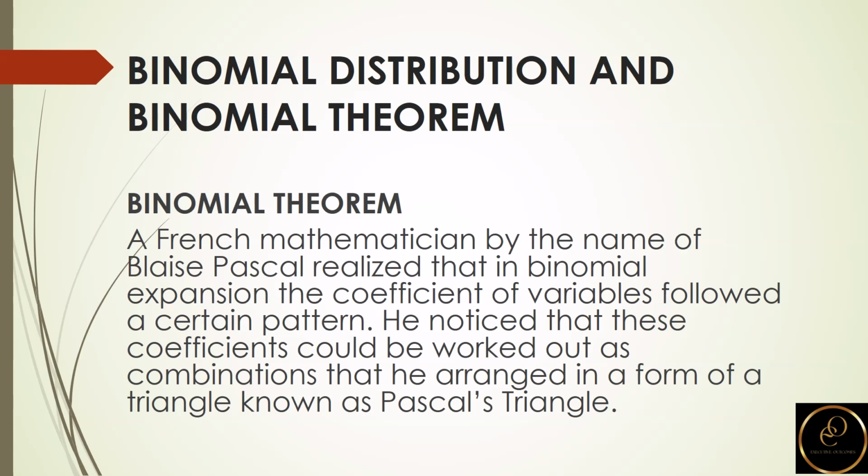So today, in binomial theorem, we are going to make use of this combination formula to find out the number of ways. That was incorporated by this Frenchman, Blaise Pascal, in what we now call binomial theorem.